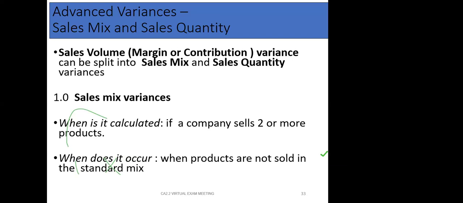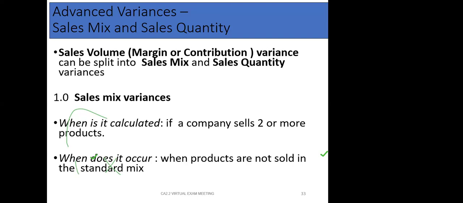Sales contribution variance is when a company uses marginal costing in the operations. So the sales volume margin or contribution variance can be split or explained by the sales mix and sales quantity variances. So we don't say sales yield, but the sales variance can be split into sales mix and sales quantity variances.